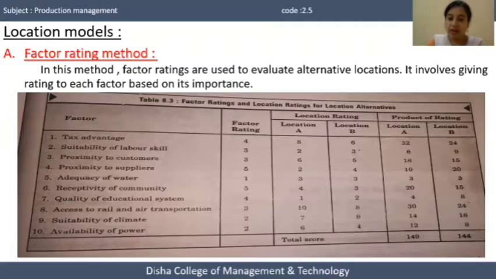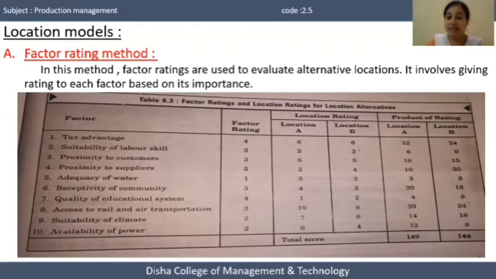Generally, he adopts a 1 to 10 rating scale for rating a particular locational factor. Generally, he assigns the highest rating point to a particular factor in a location if that factor is easily available in that location. And if a factor is not easily available in a particular location, generally the industrialist rates that factor in that location with the minimum point.